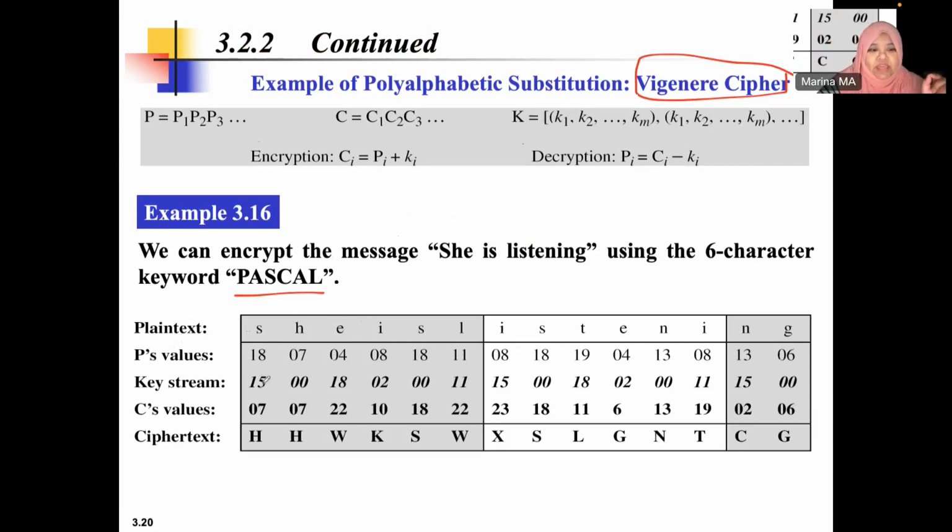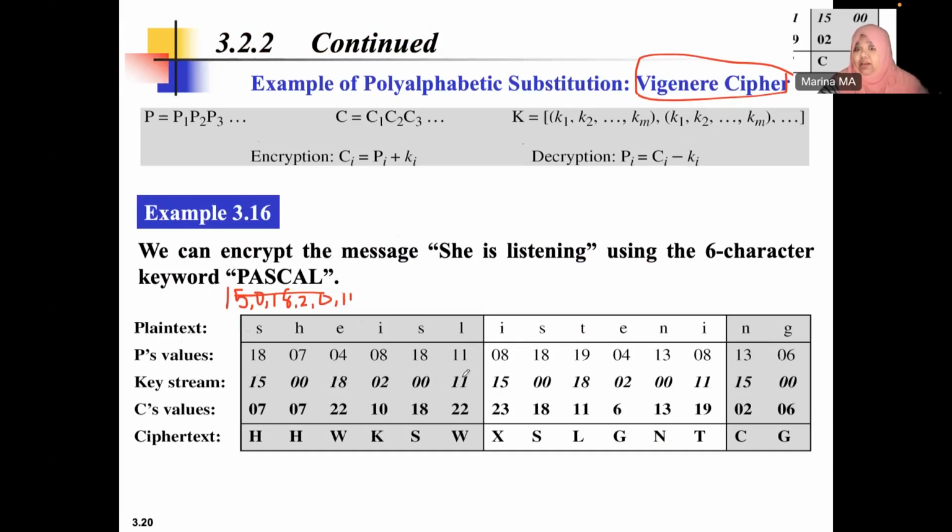P is 15, A is 0, S is 18, C is 2, A is 0, L is 11. Can you see? 15, 0, 18, 2, 0, 11. So this is Pascal.